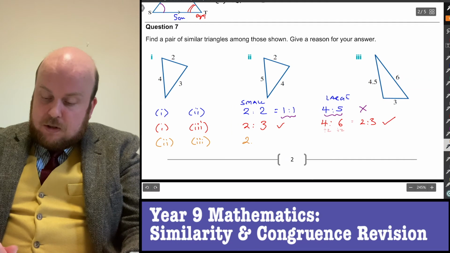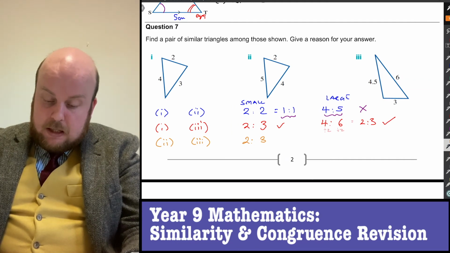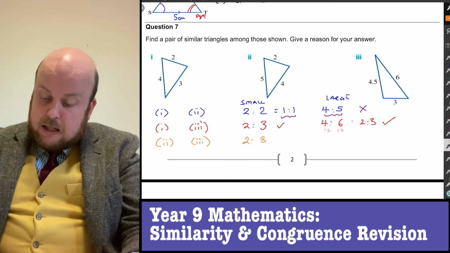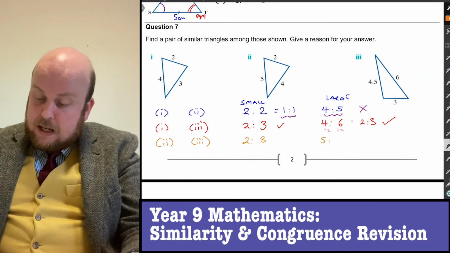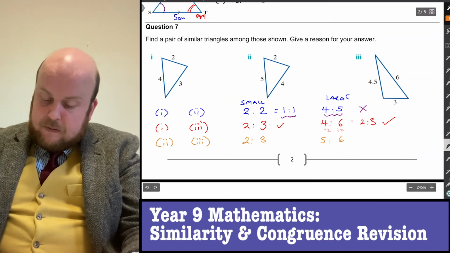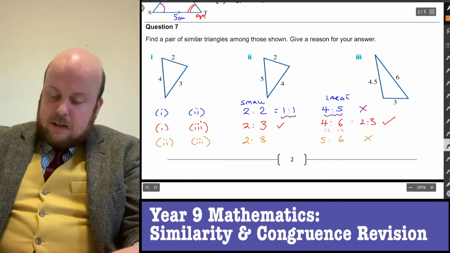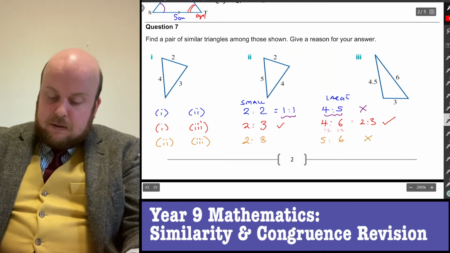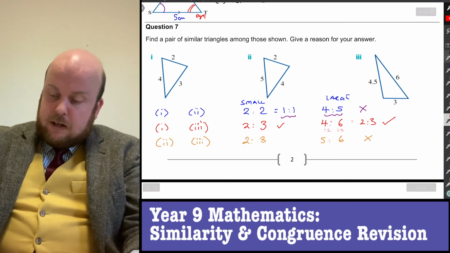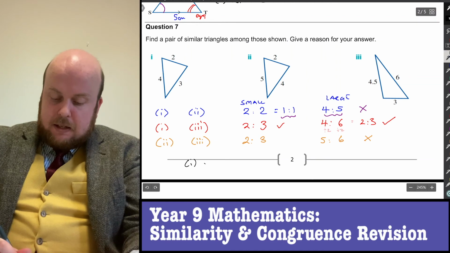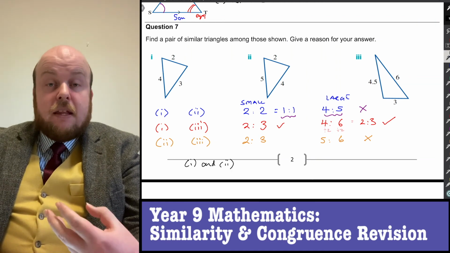So the smaller side is 2, the smaller side is 3. And the largest side is 5, and the largest side here is 6. We can't simplify 5 and 6 down, so no. Therefore, the similar triangles here are 1 and 2.